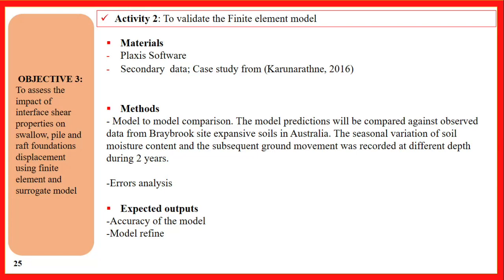The seasonal variation of soil moisture content and the subsequent ground movement was recorded at different depths during 2 years. We will also do an error analysis in expectation to have an accuracy of the model.